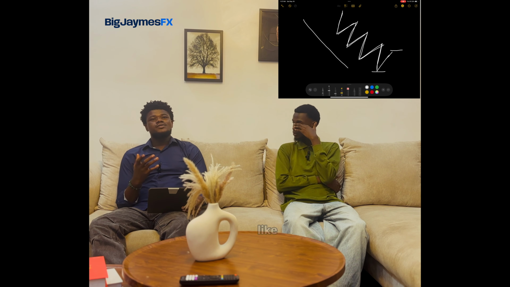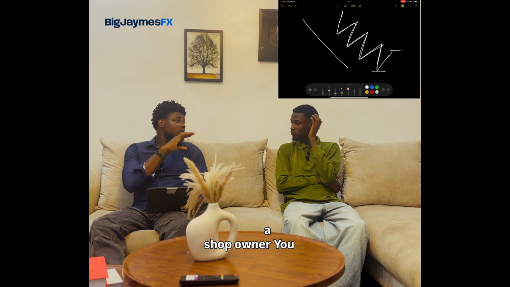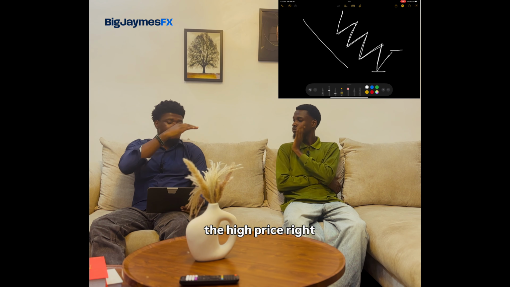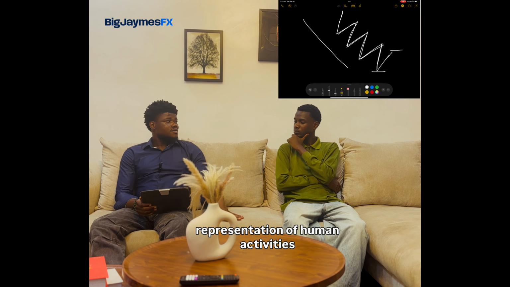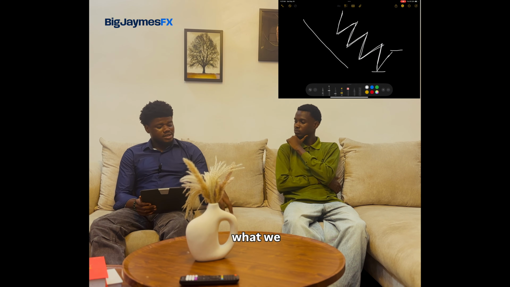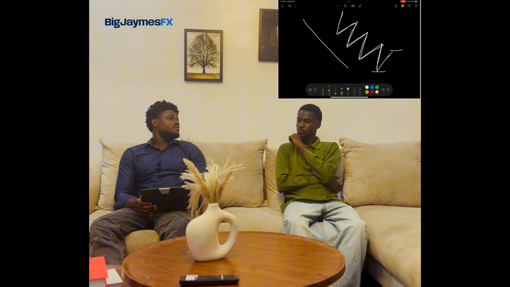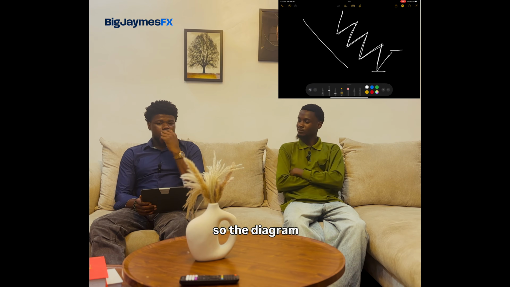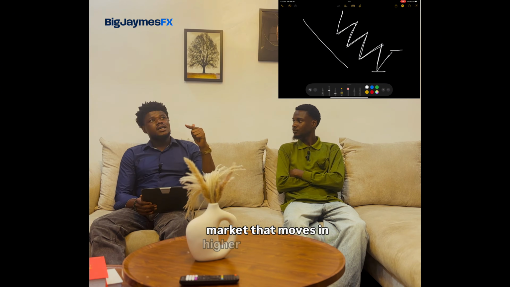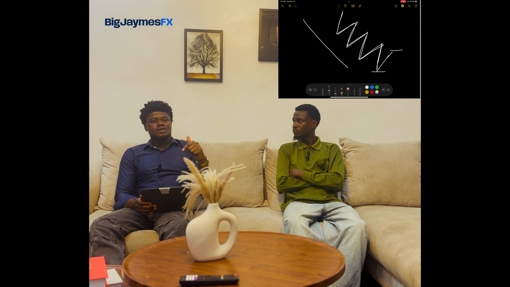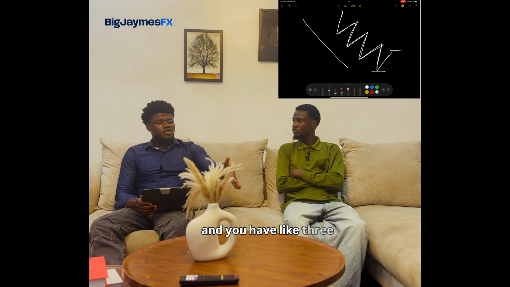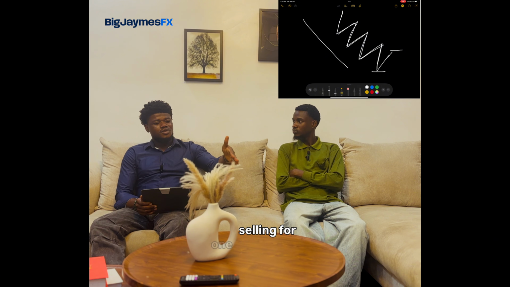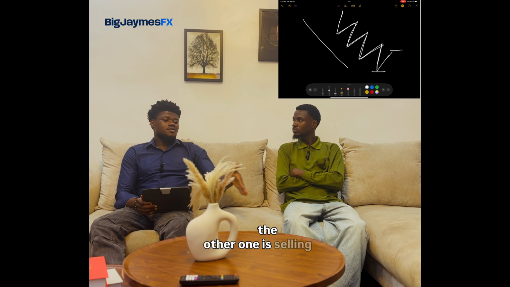So just like in real life, if you're a shop owner, you sell at the high price, right? So this is a representation of human activities, what we see in our day-to-day life. The diagram of a buying market that moves in higher high, higher low is like when you want to buy a product and you have three shops. This one is selling for $1, the other for $1 and 1 cent, the other for 90 cents.